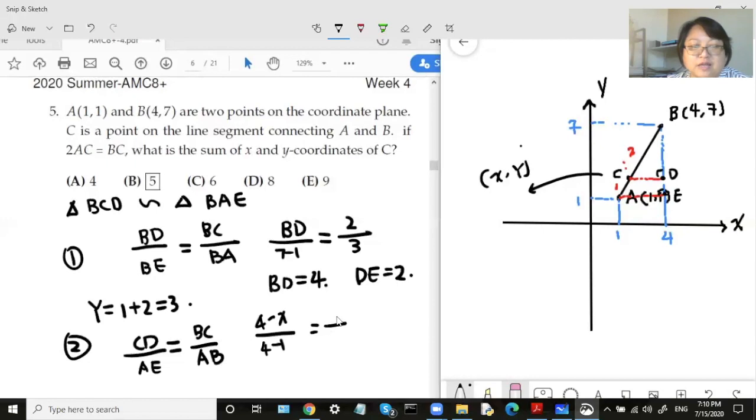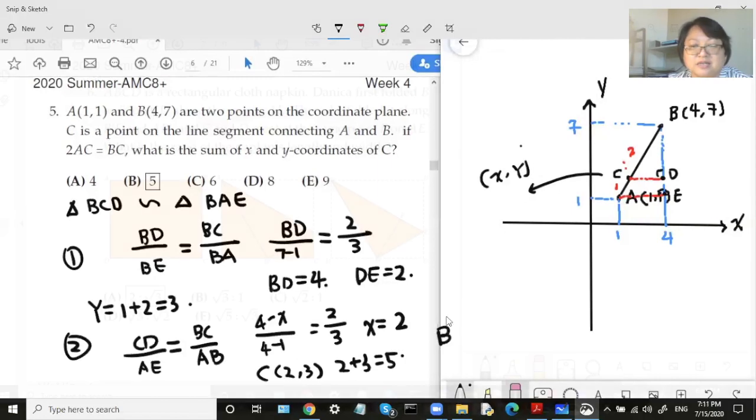BC to AB is 2 over 3. So when we calculate, we get x equals 2. So C's coordinate is (2, 3). We add 2 plus 3 equals 5. So our answer is B.